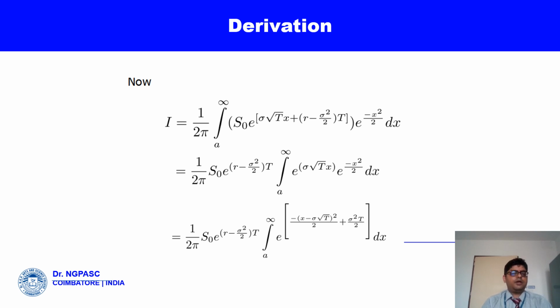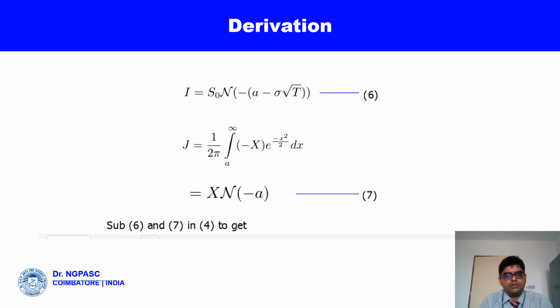Capital N of a is equal to 1 by root 2 pi into the integral from a to infinity of e power minus x square by 2 dx. That is the formula. You have to apply that formula here. So N of minus a is 1 by root 2 pi into the integral from a to infinity of e power minus x square by 2 dx.